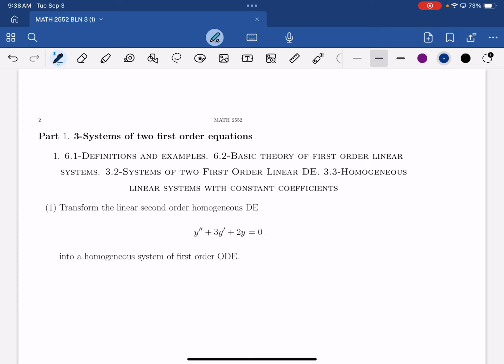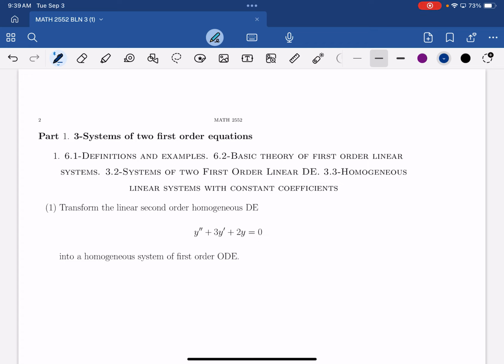Anywhere you go, the methodology is the same. I have an unknown problem. Can I map it onto something that I already know? Is that clear? So the effort is to transform the second order homogeneous linear differential equation into a system of first order differential equations.